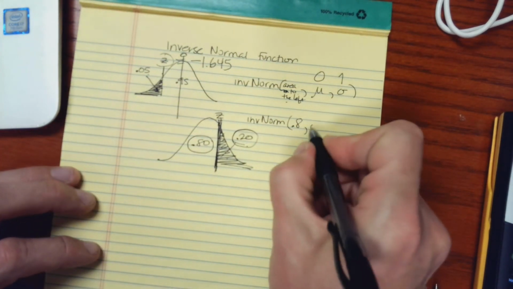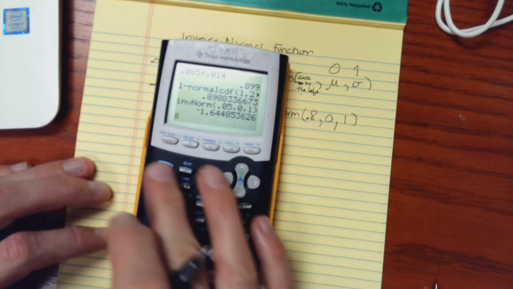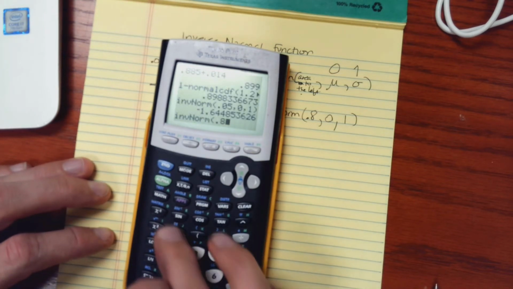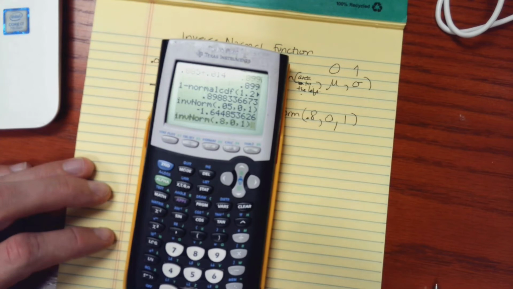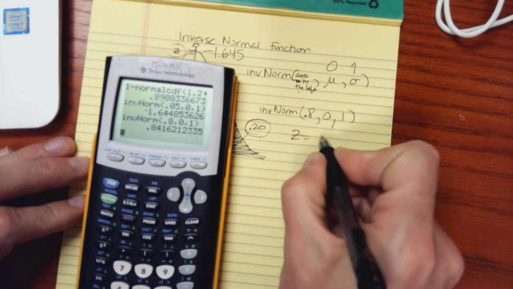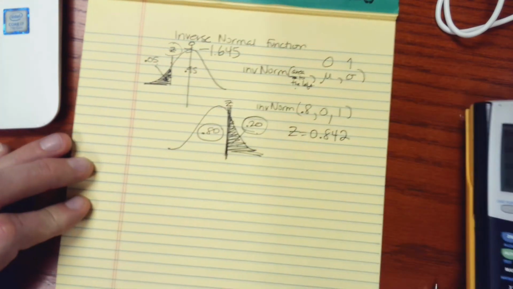So I'll use 0.8, 0, and 1. I'll go back to my distribution menu, choose option 3, 0.8, 0, 1, and that z-score is 0.842. I'll keep this at 3 decimal places.